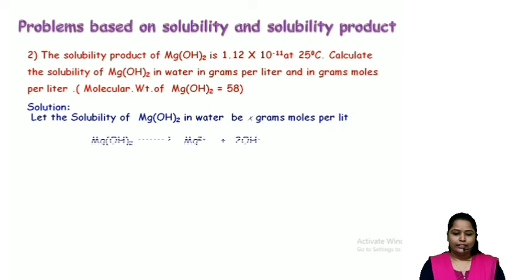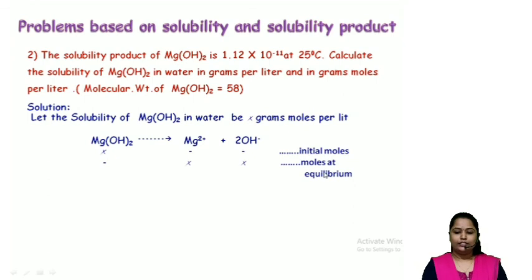Then Mg(OH)2, here again we assume it is completely dissociated into Mg2 plus and 2 OH minus ions. For this equilibrium, we write initial moles and moles at equilibrium. Initially x moles are present, and after complete dissociation x moles of Mg2 plus and 2x moles of OH minus are present at equilibrium.